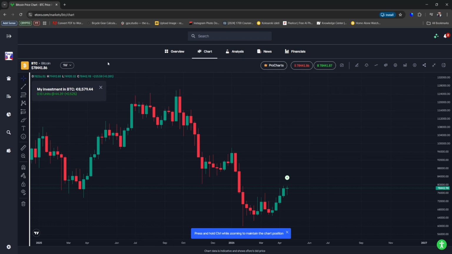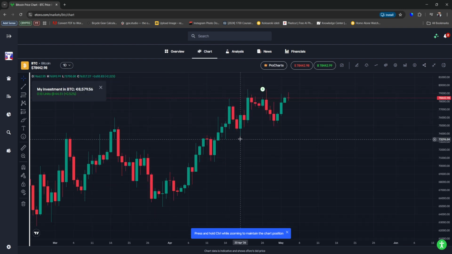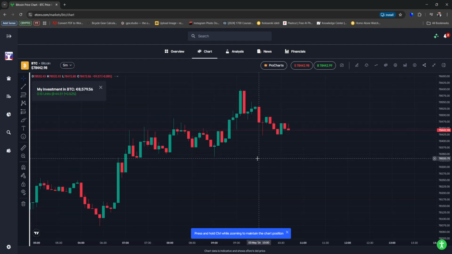So if you select 1 day, for example, let me find it right here, this is to see the long-term trend. It's basically 1 day candles. Then if you select 5 minutes, you are looking for short-term entry points.